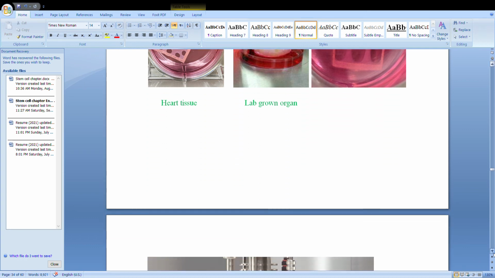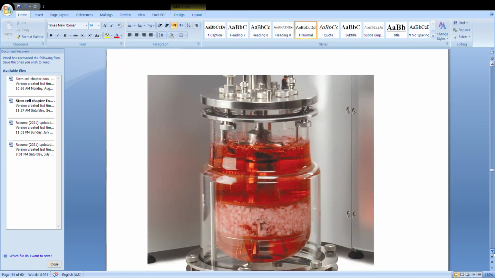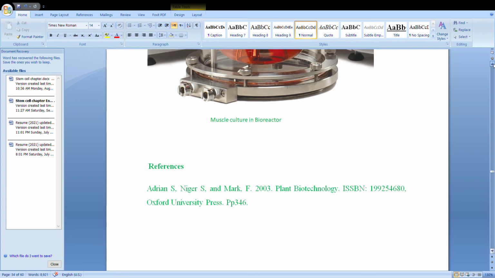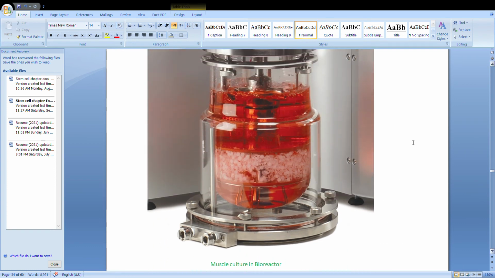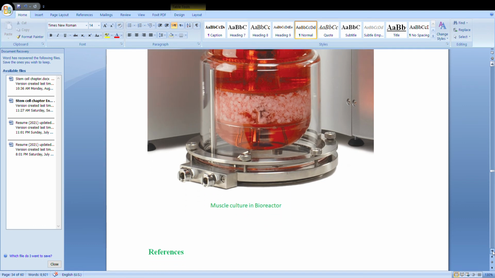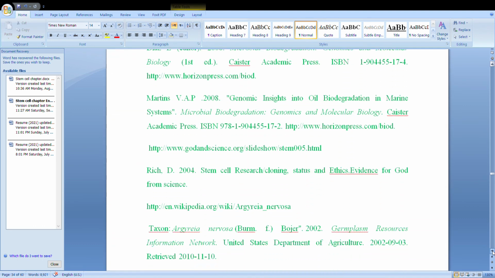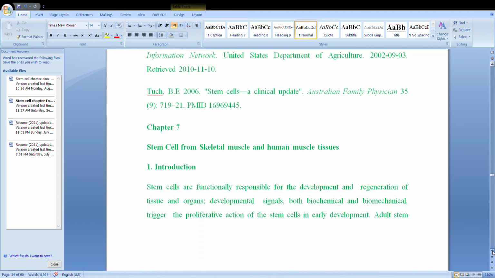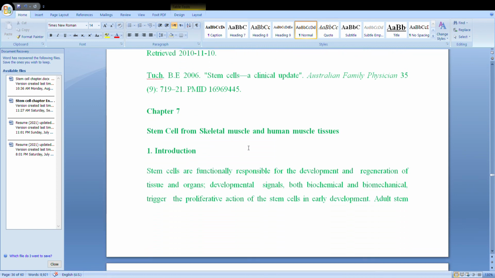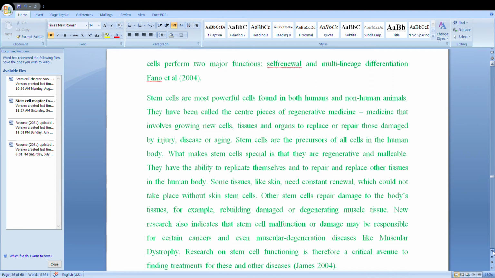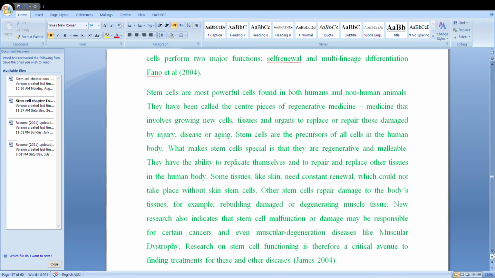This is also an image of muscle culture in a bioreactor. There are some references here, different types of references. Stem cells from skeletal muscle and human muscle from other parts can be used, as we discussed before. Many scientists explain their results.